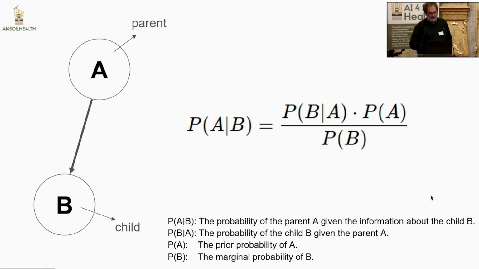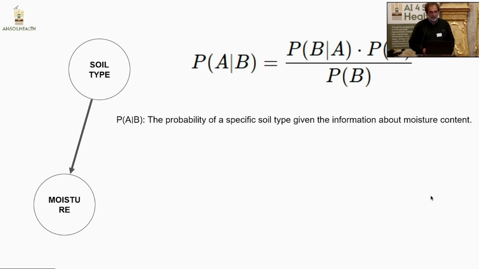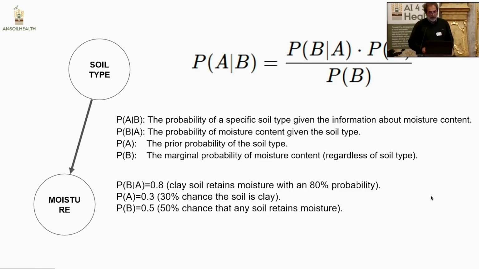There are different probabilities. For instance, with soil variables, we can ask ourselves what the probability connection is between soil type and soil moisture. For instance, we know the probability of a specific soil type given the information about moisture content. Clay soil retains moisture with 80% probability, and the chance that soil is clay is 30%.